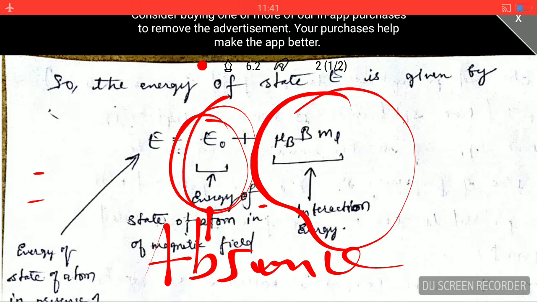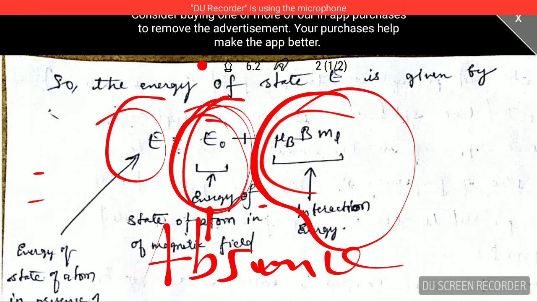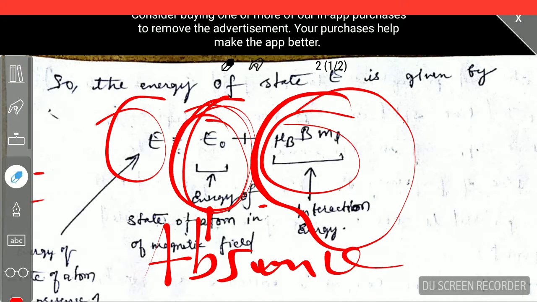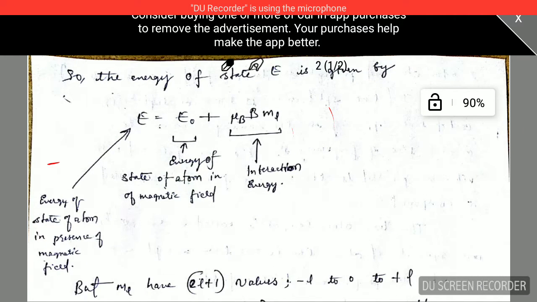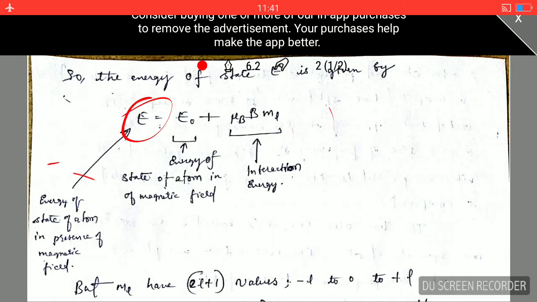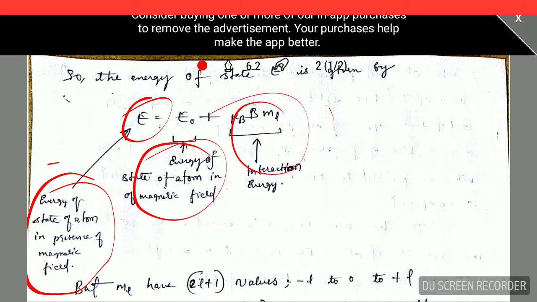So finally, in the presence of a magnetic field, the energy of the state E is the sum of this energy and this energy. You can read that here: E is the energy of the atom in the presence of magnetic field, this was in the absence of magnetic field, and this was just the interaction energy.